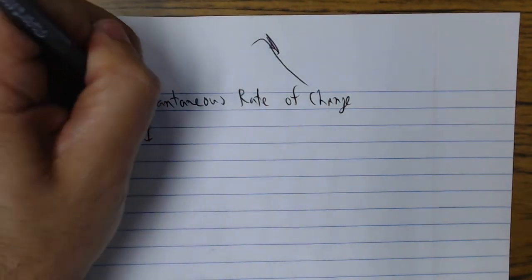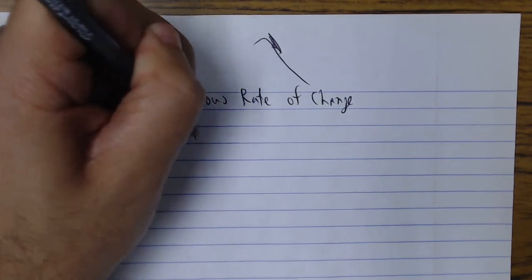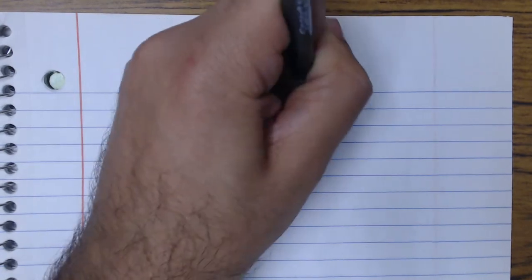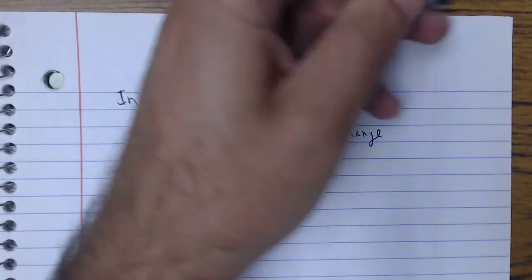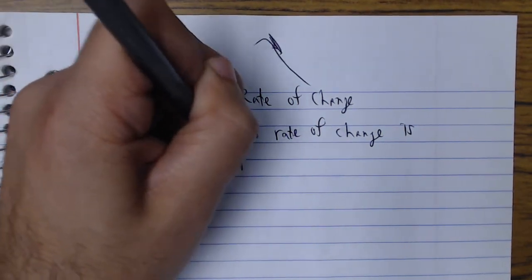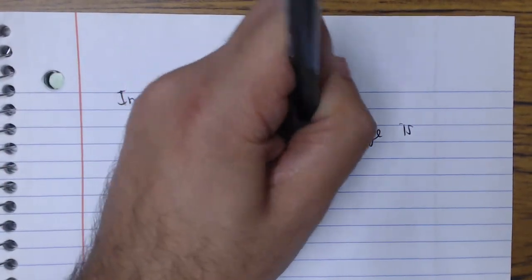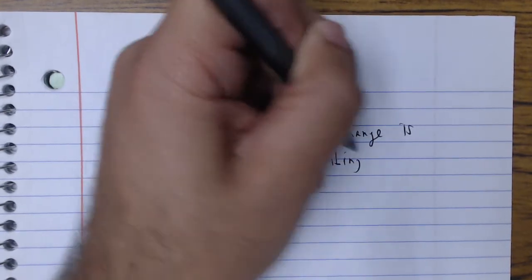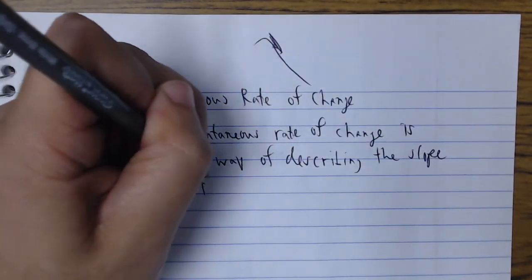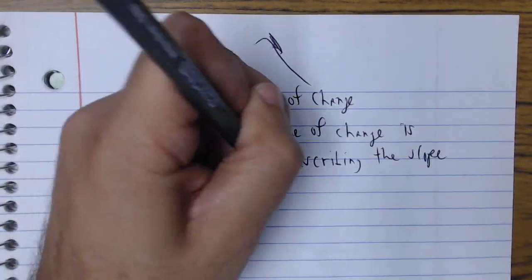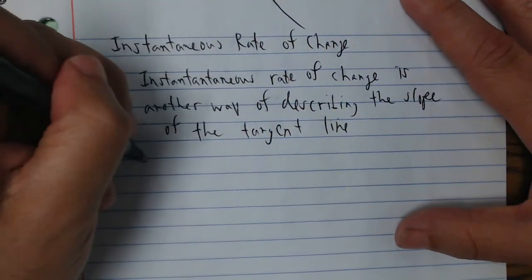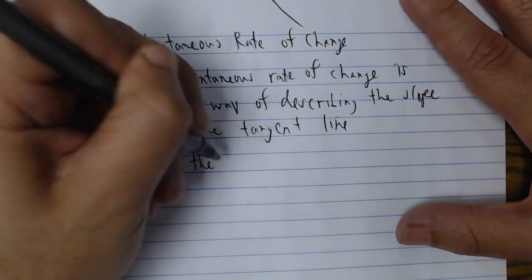So instantaneous rate of change is another way of describing the slope of the tangent line.